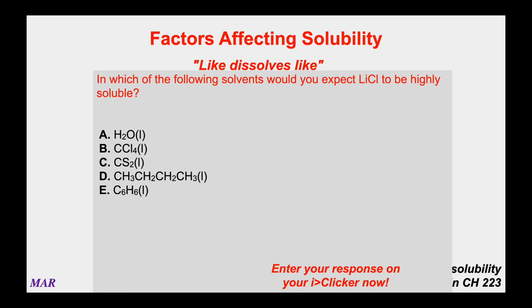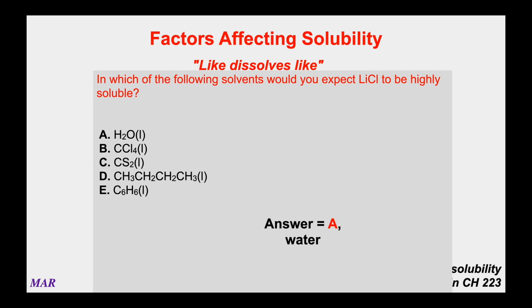And you can probably see from that list that one of the options is water. And water, as we talked about, is not just dipole, it's hydrogen bonded. And that is by far the closest molecule in intermolecular force strength to the ion-ion. Lithium chloride dissolves very well in water. That's the ion-dipole force that we talked about. If you look at the other compounds, CCl4, CS2, the next one is butane, answer D, and E is benzene. All of those are basically nonpolar.